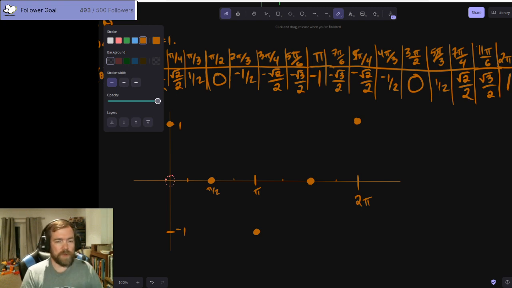Halfway between those, we get our quarter points, which are at pi over 4. And this is, again, half, 3/4, not quite 3/4. Going down, half, 3/4, not quite 3/4 of the way. This one up here.